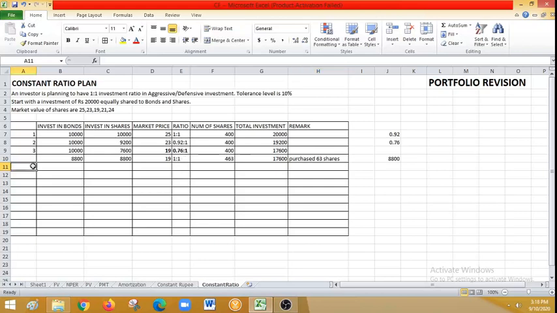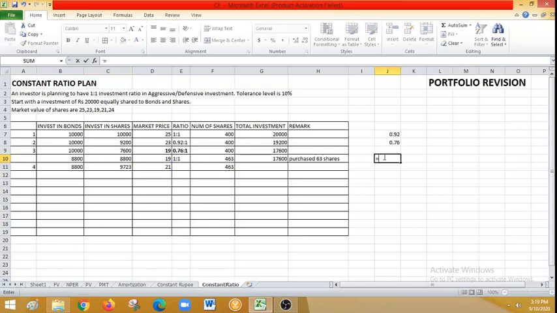Okay, fine. What is the fourth price? The fourth price is 21. Okay, so 8,800 here. So I have 463 shares. What would be my investment in shares? Equal to the price of share multiplied by the number of shares. So 9,723.